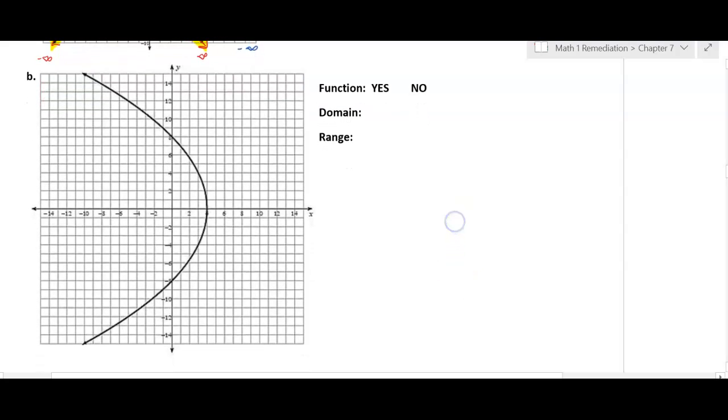Next one. Right away here, if I look, does this pass the vertical line test? If I draw this vertical line, it intersects the graph 2 times. Therefore, it's not a function. Now, if I were to describe the domain of this, this arrow and this arrow point to the left forever and ever.